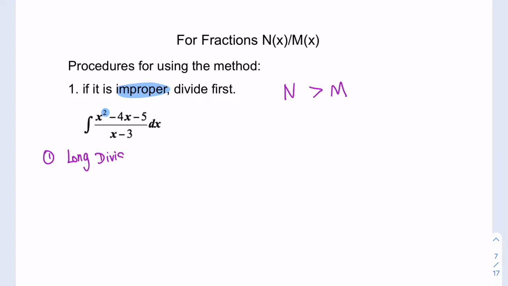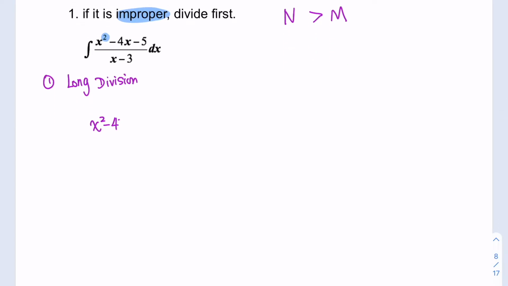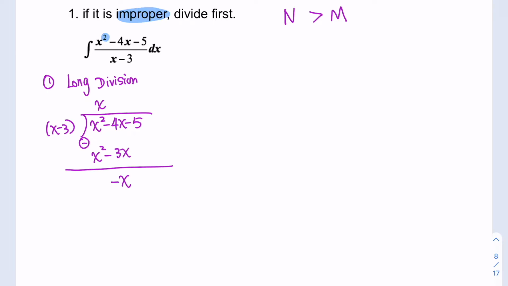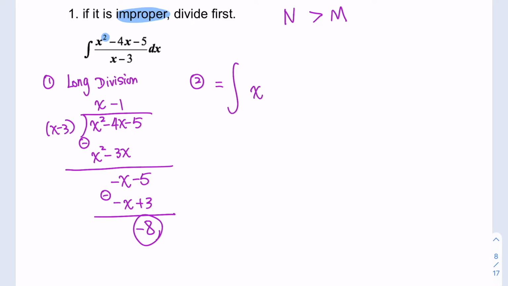Long division to simplify it: x squared minus 4x minus 5 divided by the denominator x minus 3. We have x squared minus 3x, and subtracting gives us negative x minus 5. Then minus 1 here, negative x plus 3, and subtracting we get negative 8. That's our remainder. So after the long division, the problem will be equal to x minus 1 plus negative 8 over x minus 3 dx.